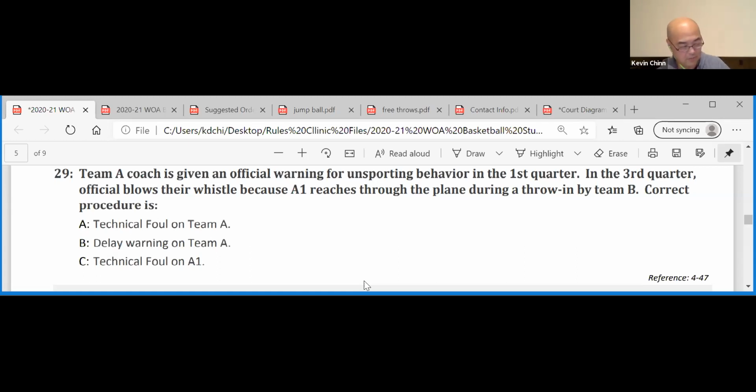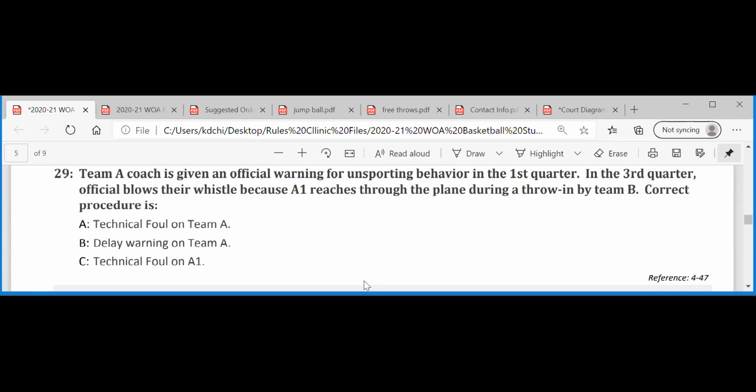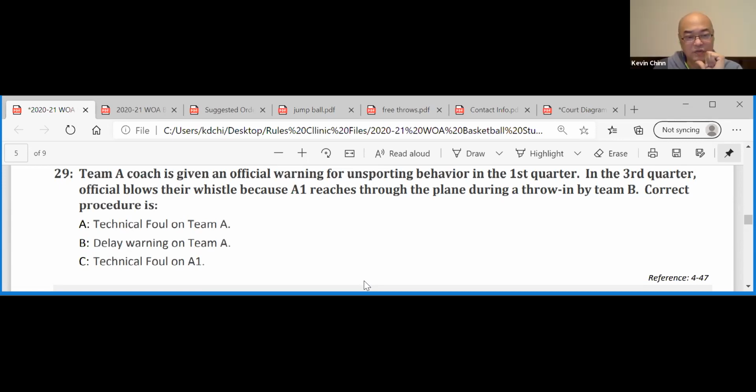So basically, delay of game warnings and coaches' unsporting warnings are two different things. We consider them two separate things. They're not the same. So that's why you would not give a technical foul on the second warning, because the first warning was for the coach for unsporting behavior, and the second warning is for delay of game.